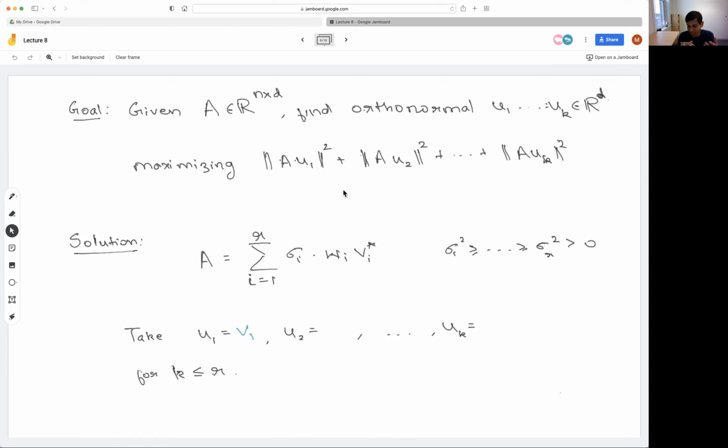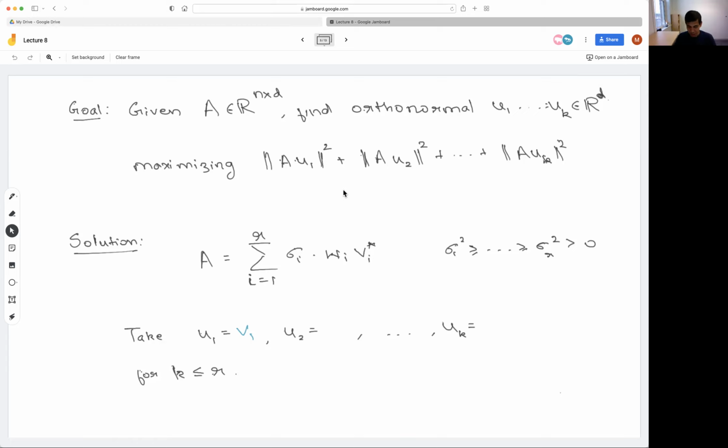So A is a matrix. Any matrix is a linear transformation, and it has in particular right singular vectors v1 to vr, left singular vectors w1 to wr, and singular values sigma 1 to sigma r, which we think of as being arranged in descending order.